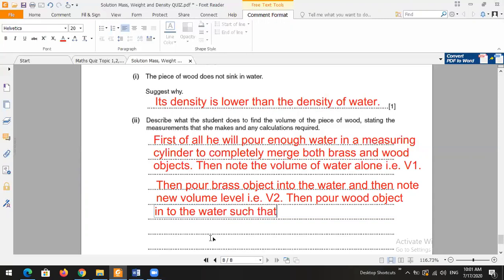such that it is below the brass object. Clear? It is under it. Then note the new volume level V3.